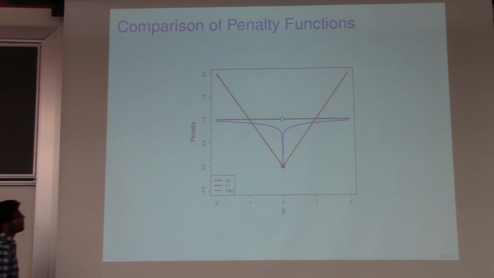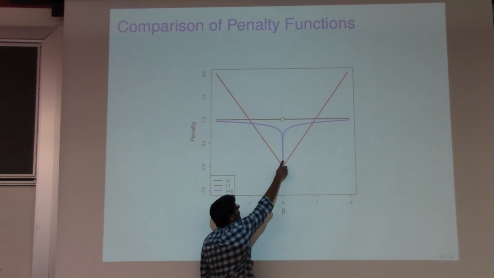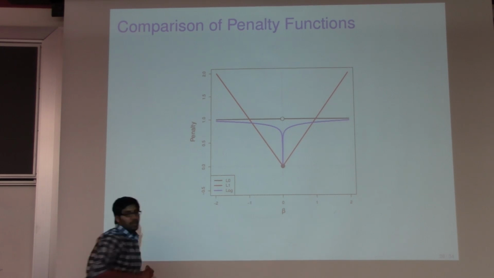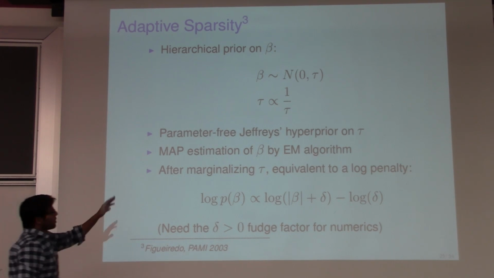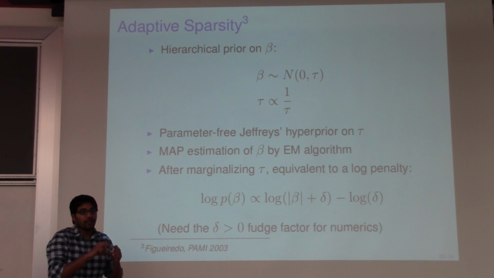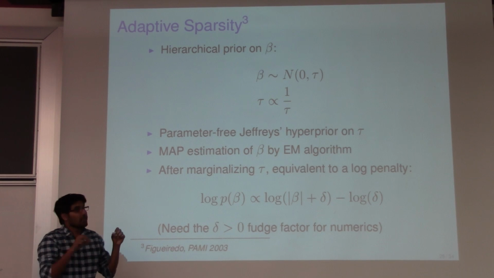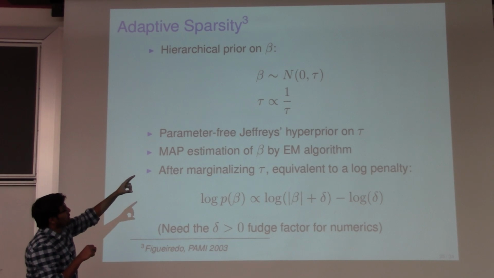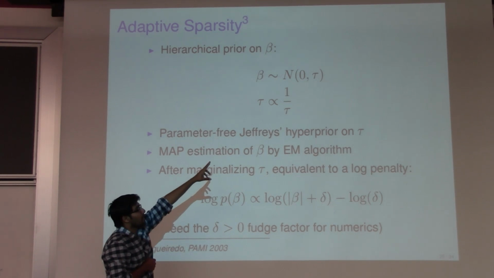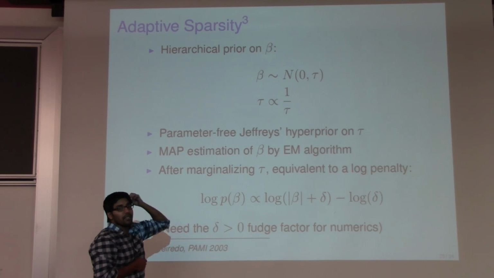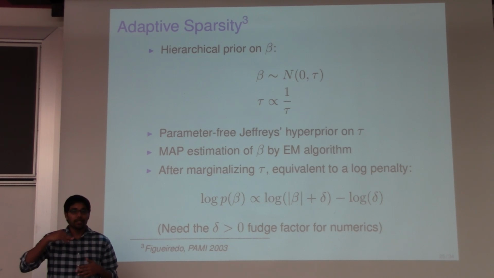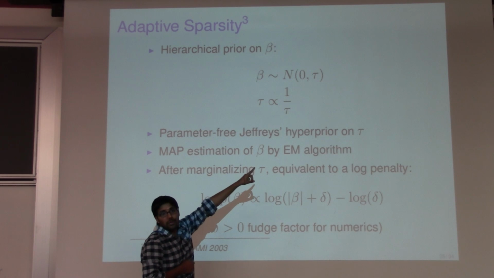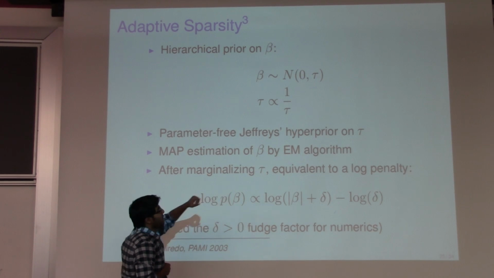So here you have the log penalty. It comes from this adaptive sparsity where beta is my weight vector for my linear model, and it is distributed as Gaussian with mean 0 and variance tau. The way you specify a prior is you do a hierarchical prior, you also specify a prior on tau, right?